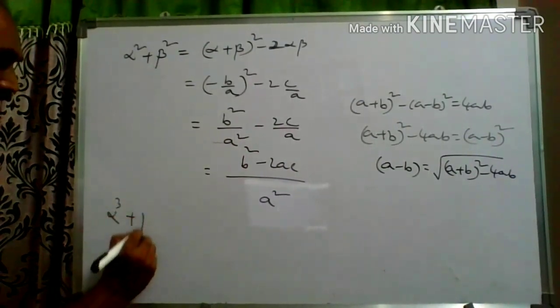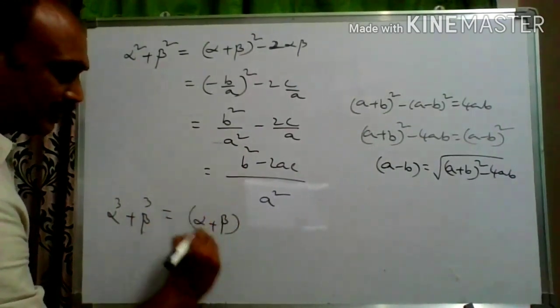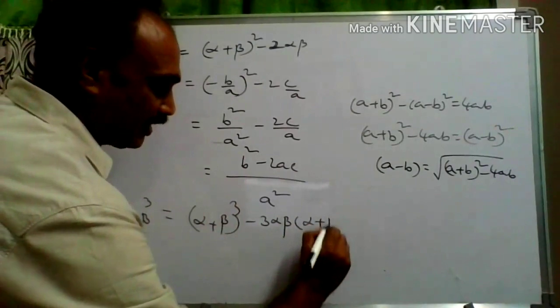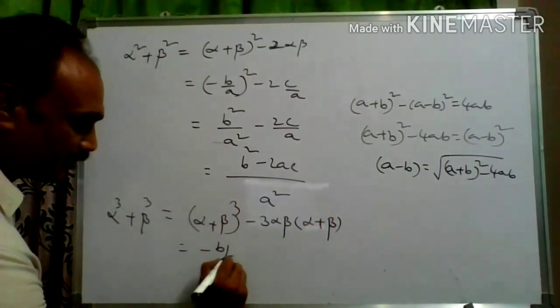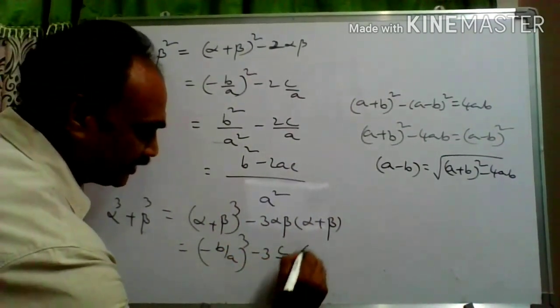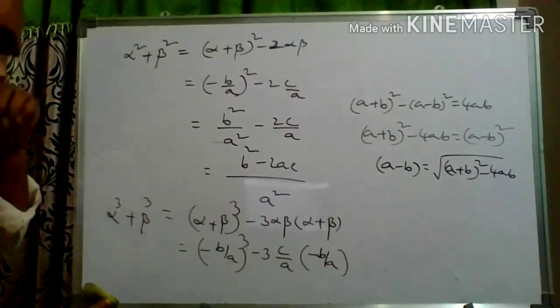Next, students, alpha cube plus beta cube is equal to the formula (alpha plus beta) whole cube minus 3 alpha beta into (alpha plus beta). Students, alpha plus beta is equal to minus b by a whole cube, minus 3 into alpha beta, c by a, into alpha plus beta, minus b by a.